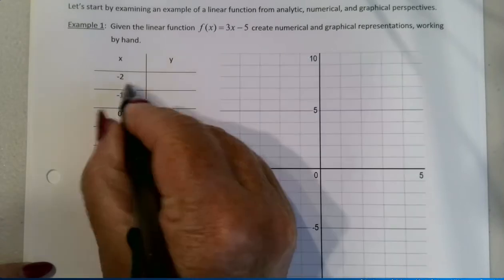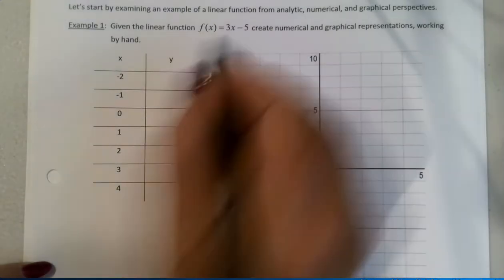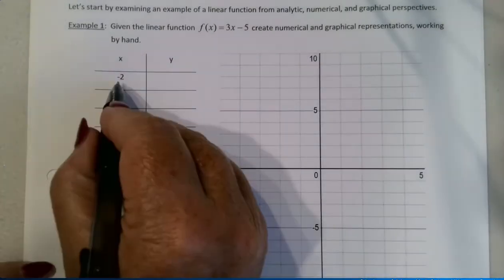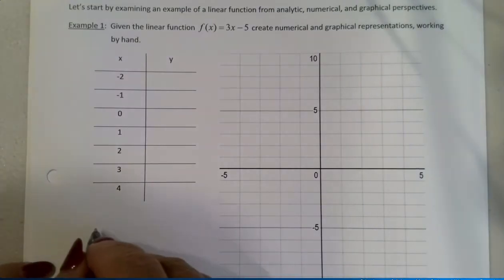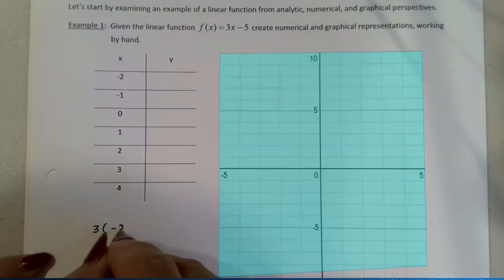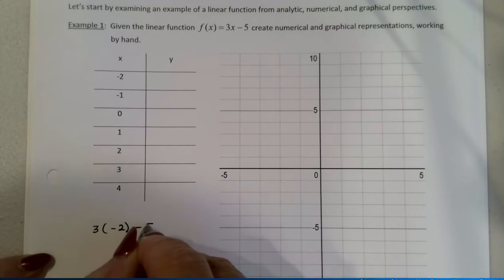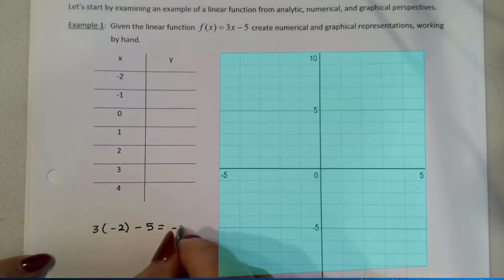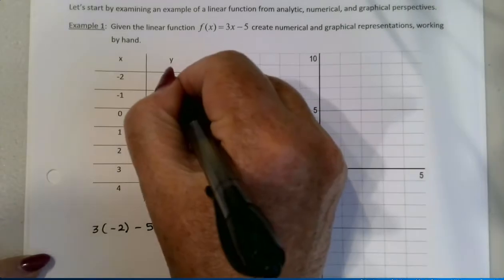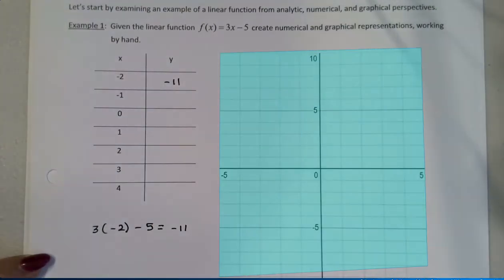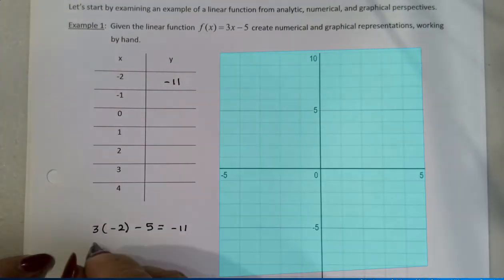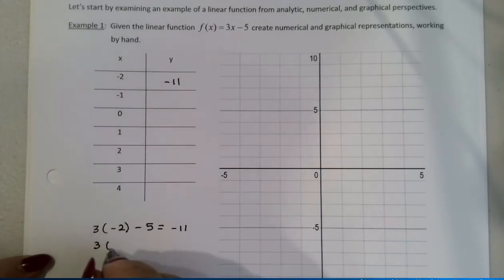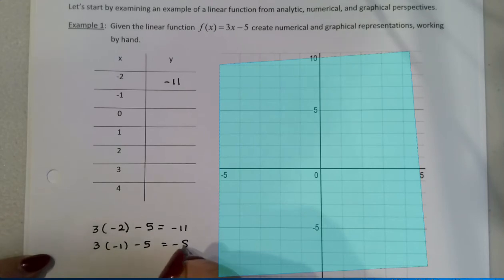If I want to plug in each of these x values, first of all, when I plug in -2, I would have 3 times -2, subtract 5. -6 minus 5 would be -11. We'll keep on going, plugging in x equals -1: -3 minus 5 is -8.